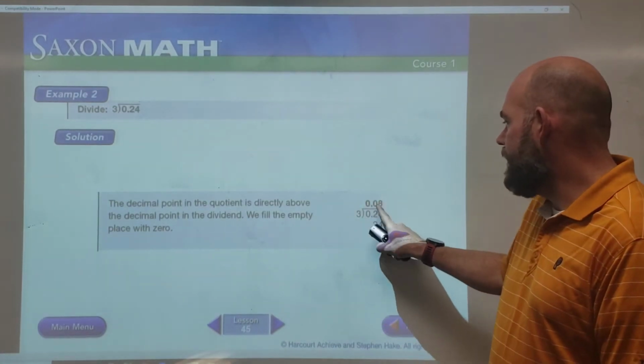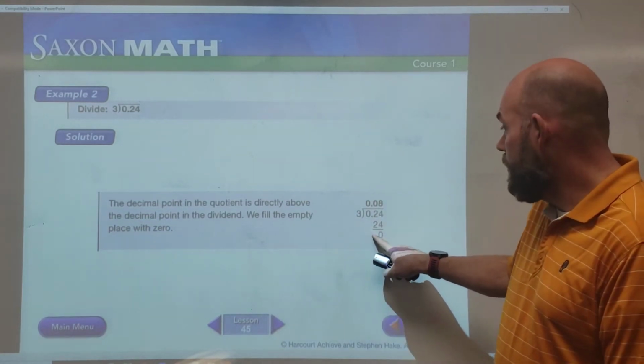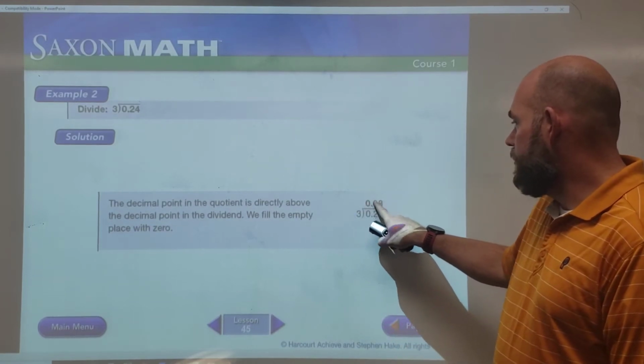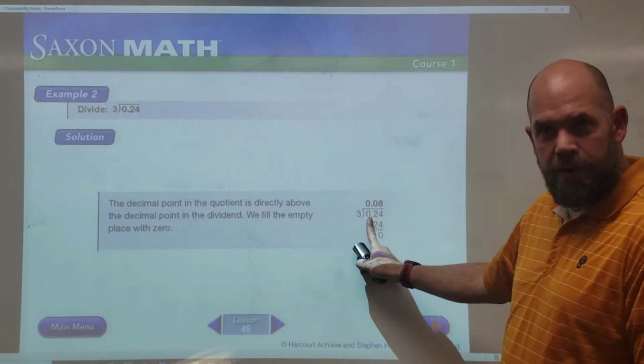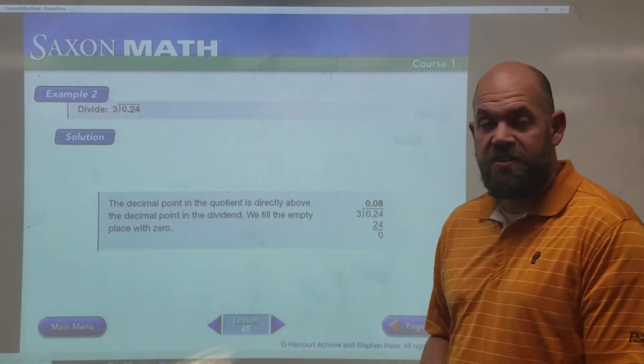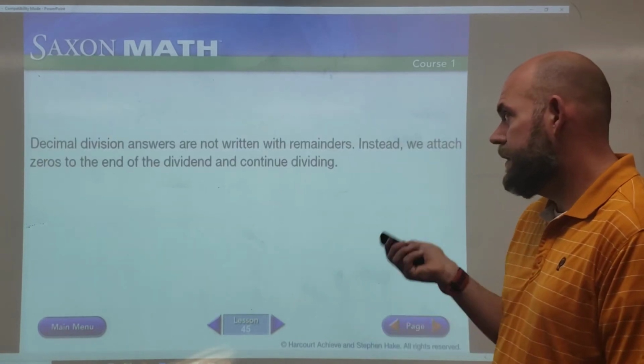Then 3 times 8 is 24. We line up that 24, subtract. We don't have a remainder on this one, so we're done because there's no other numbers. So then we have 0, 0, 8. We find that decimal point, we go straight up with it, line it up, and we have 0.08 as our answer. Easy peasy, nice and cheesy.